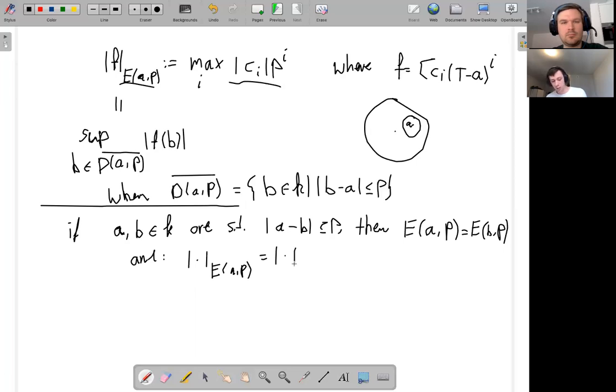It's not immediately clear, by the way, that this definition, where the subscript is this disk, only depends on the disk, because you expand around the point A and you have this P. But it turns out that if you have two sets, (A, P) and (A', P'), such that these disks are the same, then also the norms are the same.